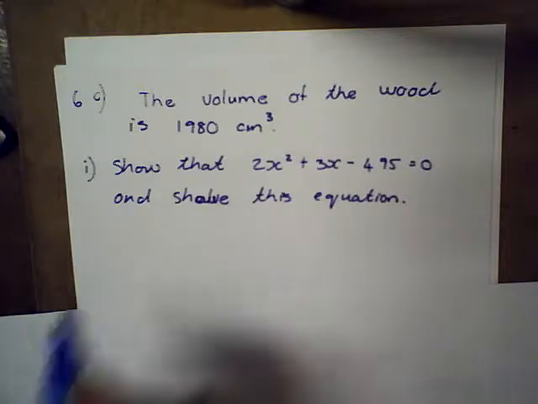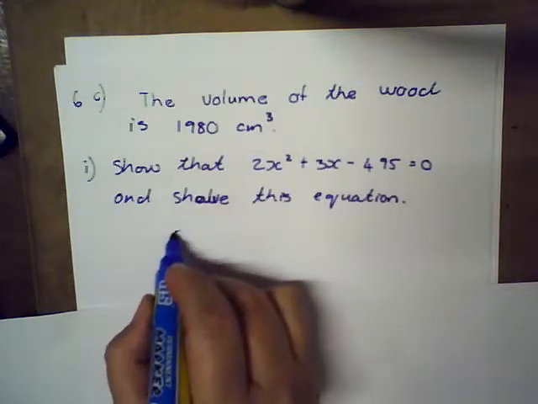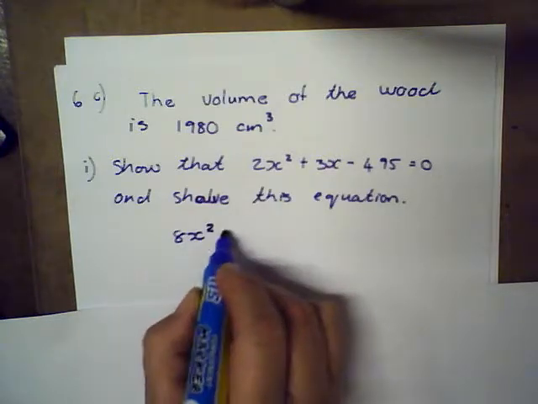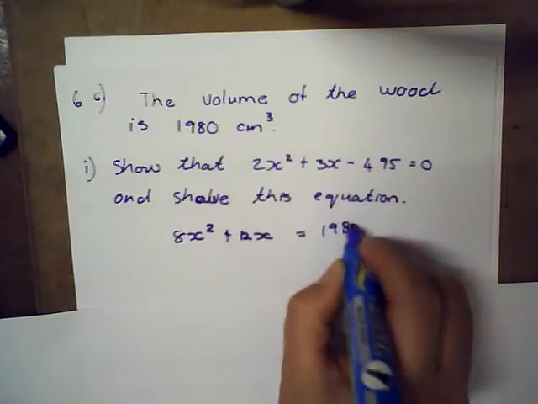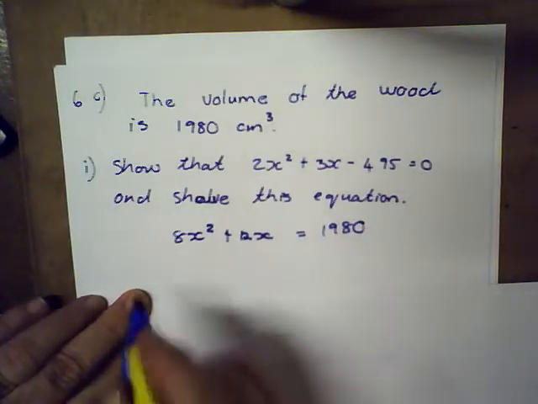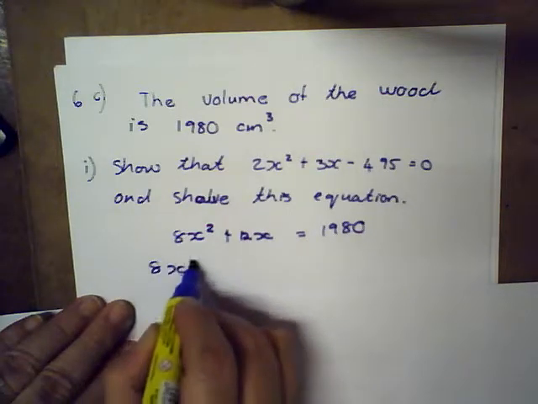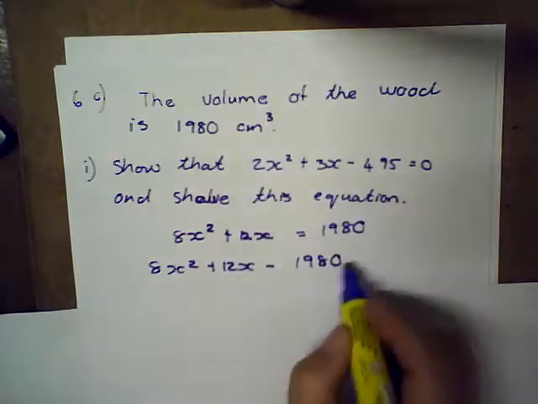Okay, so we know that our volume, where was the volume? It was 8x squared plus 12x would be equal to 1980. Okay, I'm just going to move this term over to that side. So 8x squared plus 12x minus 1980 equals 0.